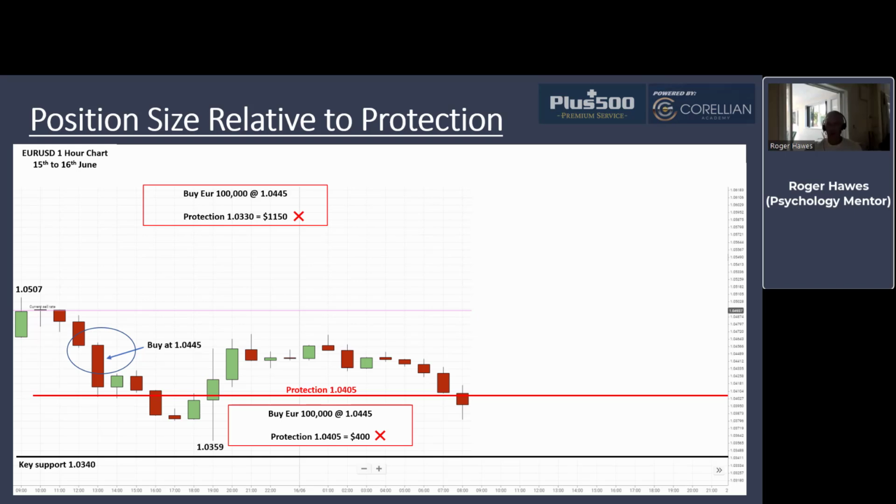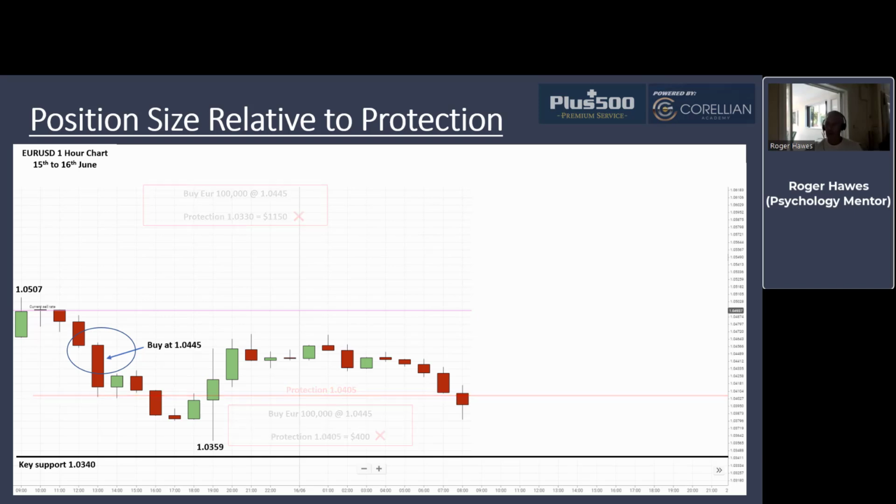So what I should be doing is putting it in at the right level, and by then I calculate, well, if I only want to lose $400 and I'm opening up my position at 104.45, I'm going to lose 115 ticks. So what is the size of position I need so that if I get stopped out, I only lose my $400?